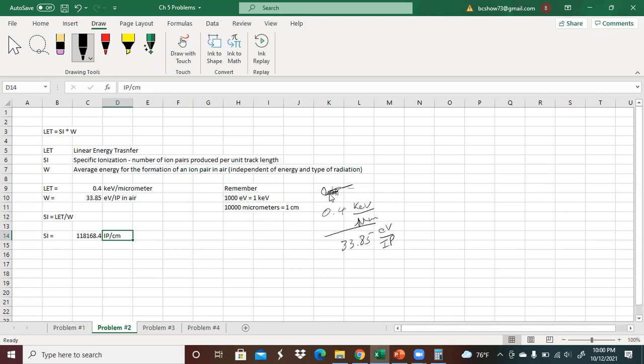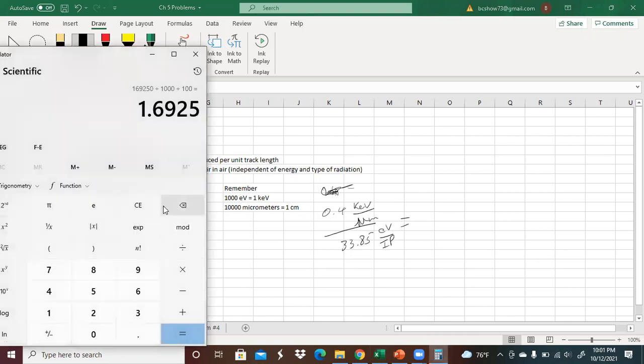Now, the problem is that we don't really have the units here as we might need them, say, in ionized pairs per centimeter. What do we have here? Well, we have 0.4 divided by 33.85. If we work that out, I get something here that I can't see.